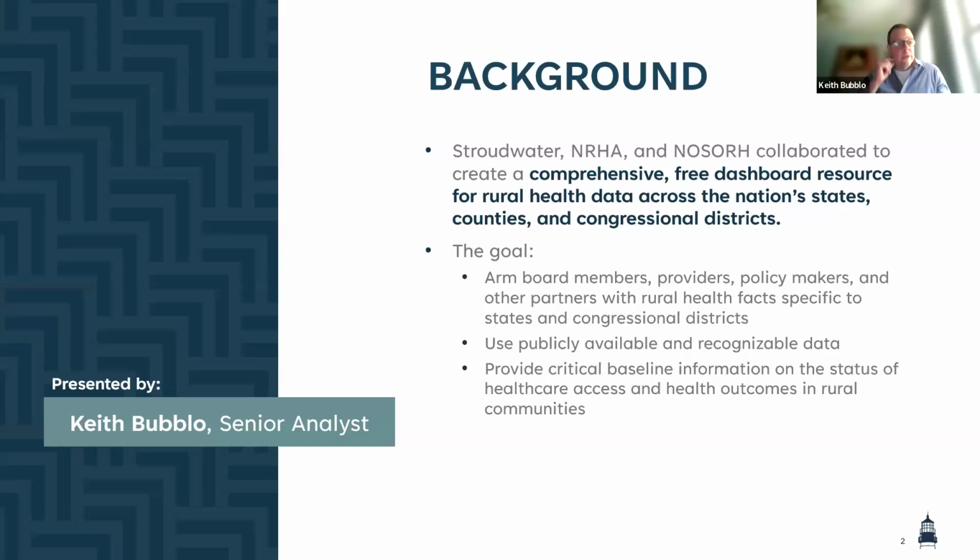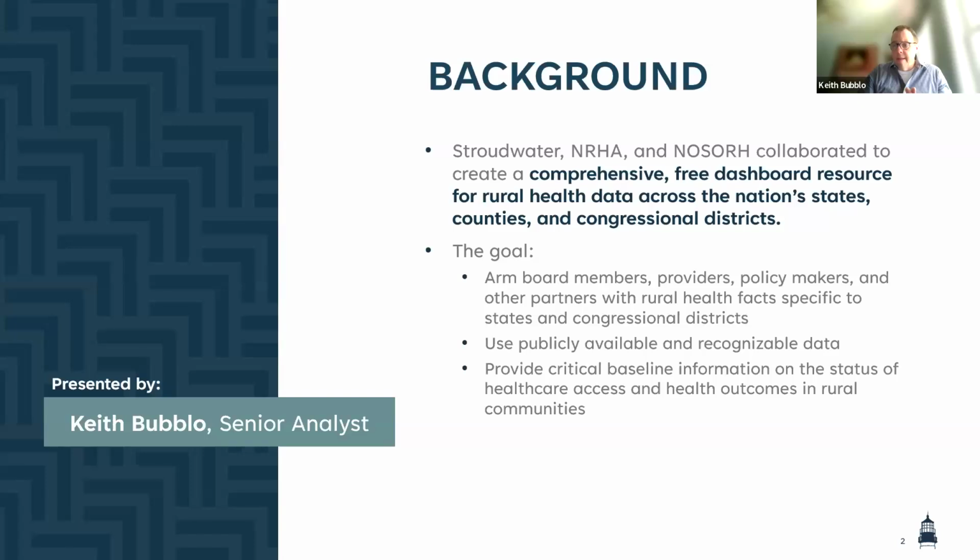Some of the data sources that we used are HRSA, the public cost reports data, the NPI file for provider information. We used data from the CDC for some of the health outcomes and health factors. Also using Robert Wood Johnson County Health Rankings, which I think a lot of people are familiar with.